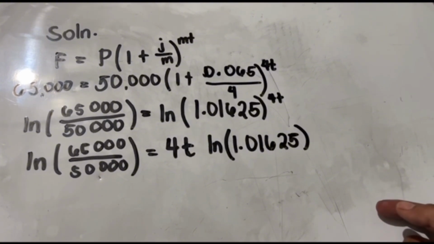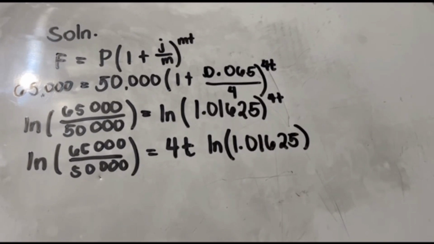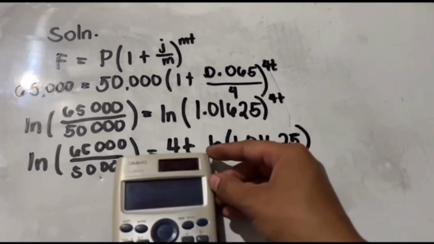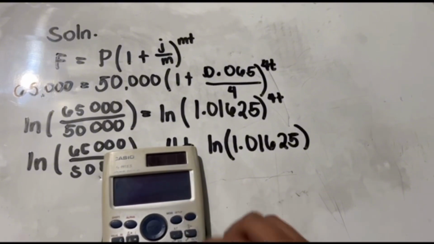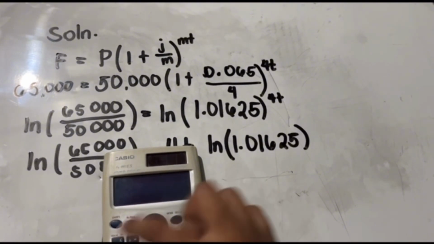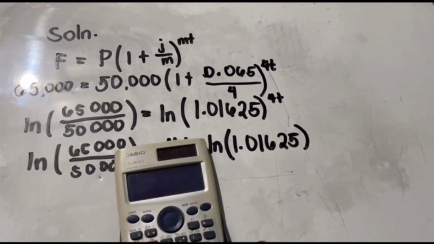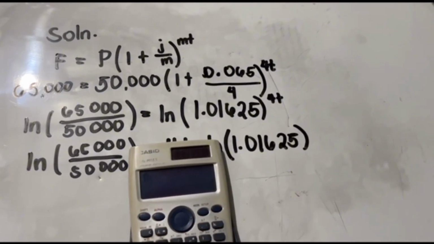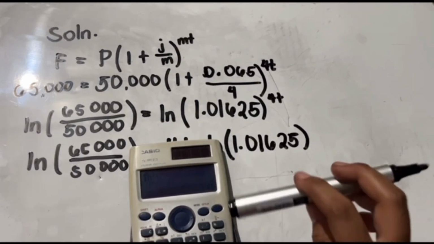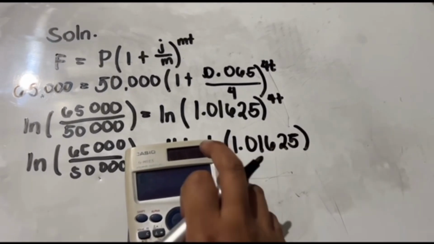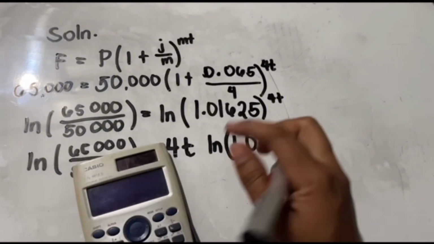So now we can solve it. Using our calculator, just plug in ln, the logarithm, ln open parenthesis 65,000 divided by 50,000, equals, so this is the answer. After getting the answer, we will divide it by this.